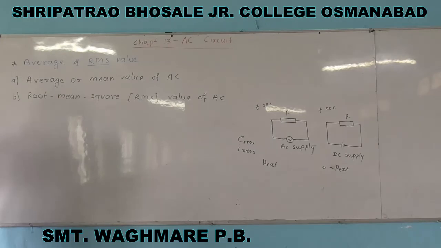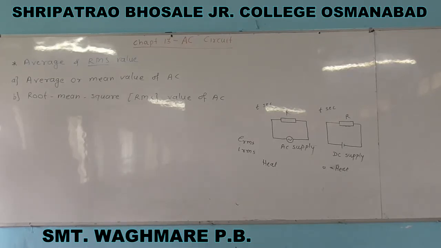Therefore, we can say that for the alternating current flowing through the resistance R, let H be the heat produced in time T. Now, the same quantity of heat is produced in the same resistance for the same time by passing a DC current of constant magnitude.